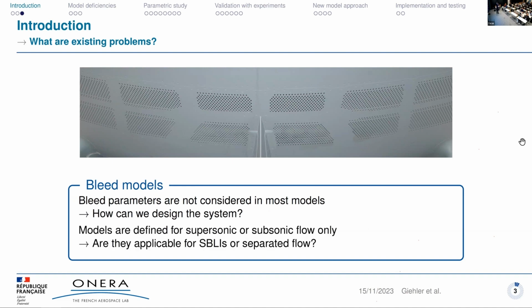And also many of the models are only defined for supersonic or subsonic flow. But as you know, if we have a shock boundary layer interaction, we have supersonic and subsonic flow, and can we really apply it? And also if we think about separated flow.